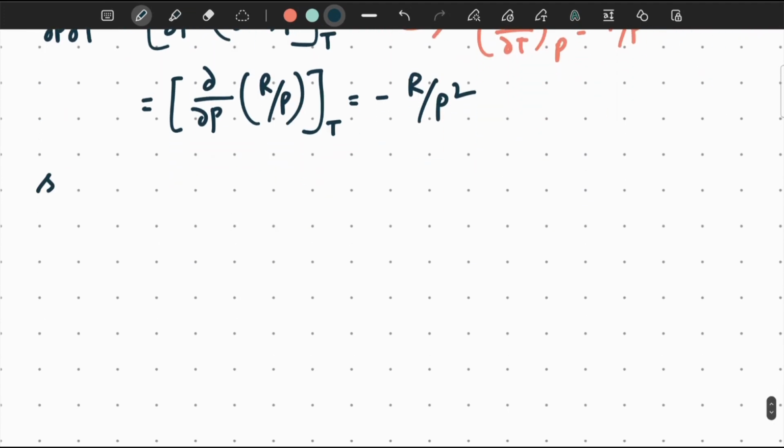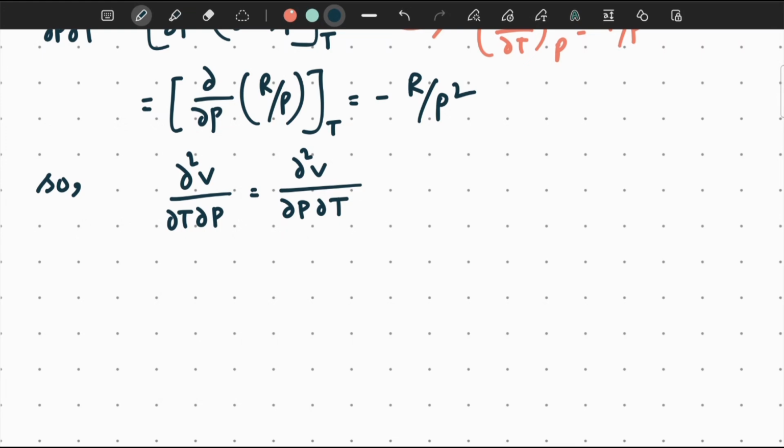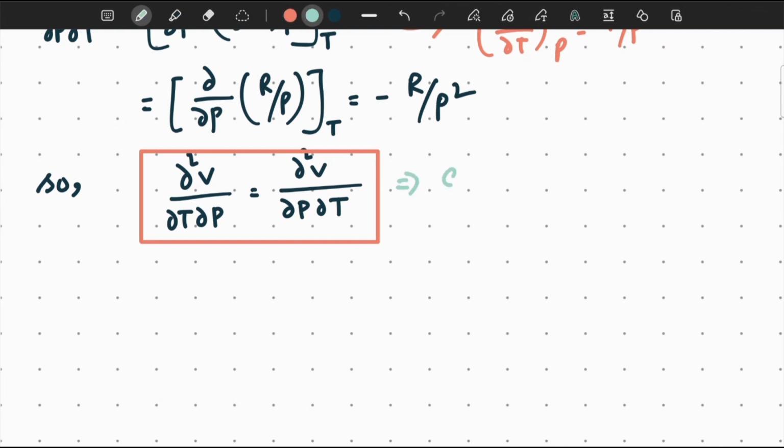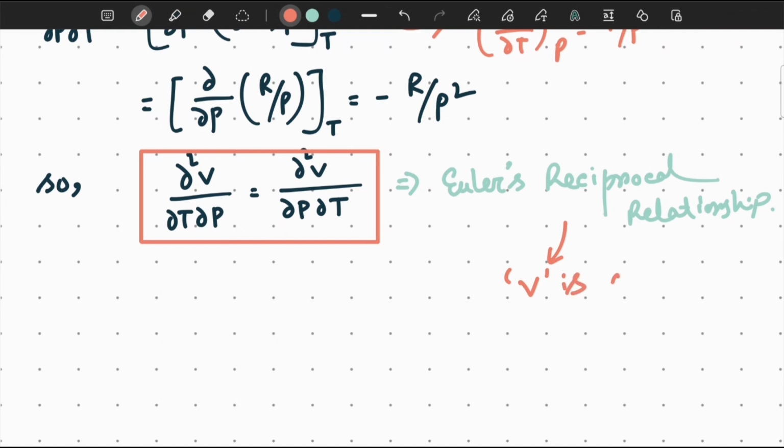So both are matching, equal. So it means that it follows Euler's reciprocal relationship. So that's why it can be said that V is a state function and also an exact differential.